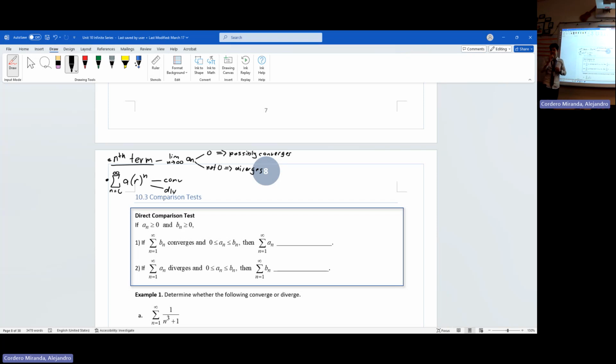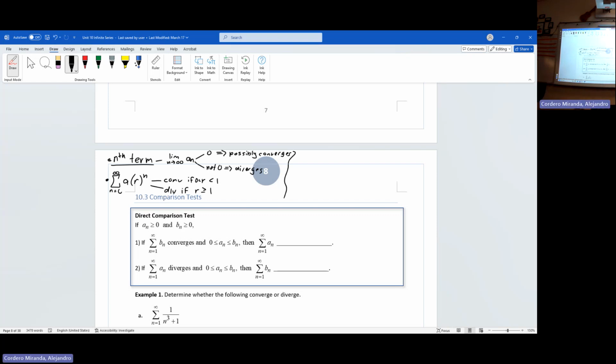You remember? The r is from 0 to 1. Right, this is a small fraction, basically. Converges if r is less than 1, well, between 0 and 1, and it diverges otherwise. Nice. Okay, very cool.